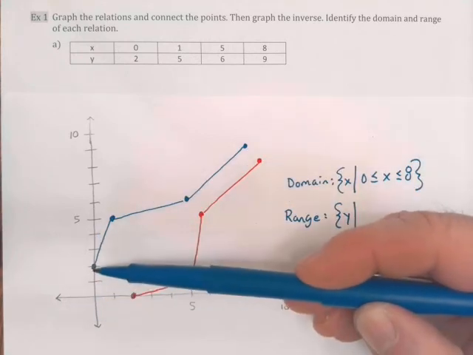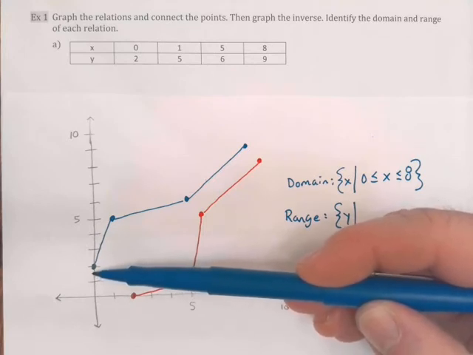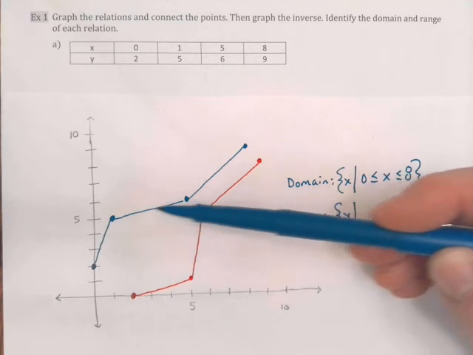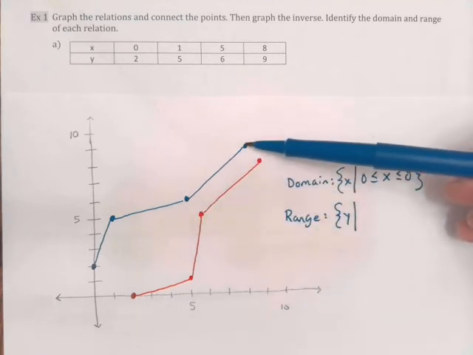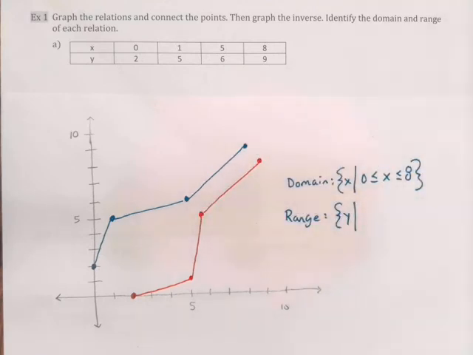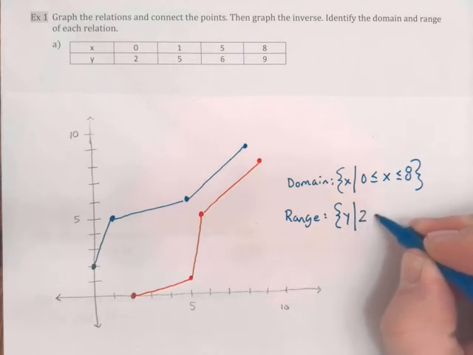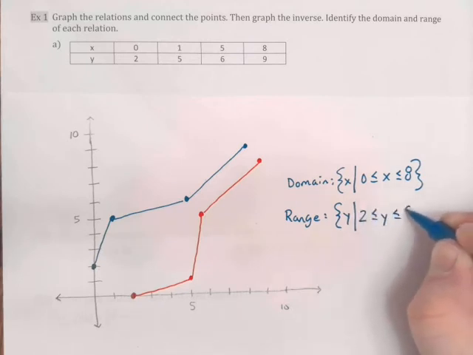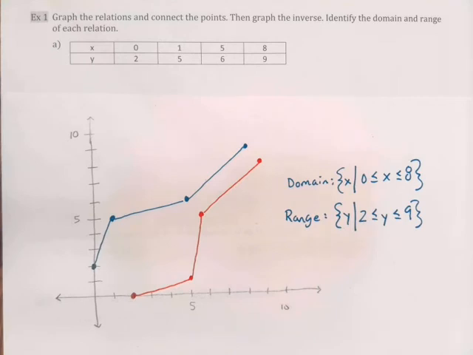The lowest point on the original relation has a y-coordinate or a height of 2, and it goes all the way up to this point here, which has a height of 9. So our range are all of the y values from 2, including 2, up to 9, including 9.